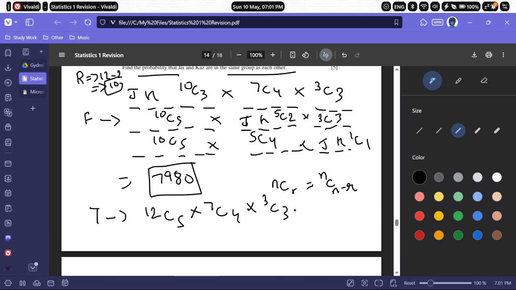So this is equal to 12C5 times 7C4, 27720. So F over T, basically favorable over total, which is 7980 over 27720, which would be 19 over 66. And that is your final answer. That's 5 marks.